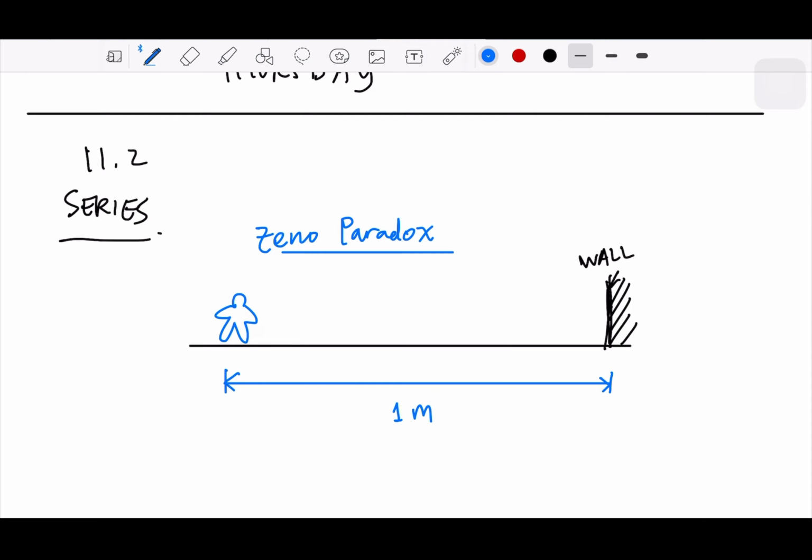But the Zeno paradox has rules, that you can only go half of the total distance that you already have. So for example, if this is 1 meter, you can go half.